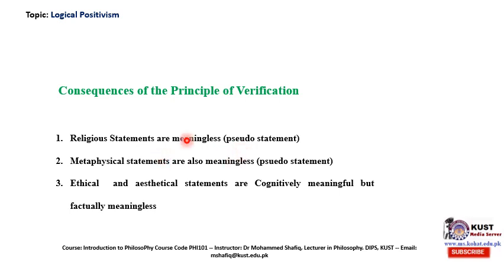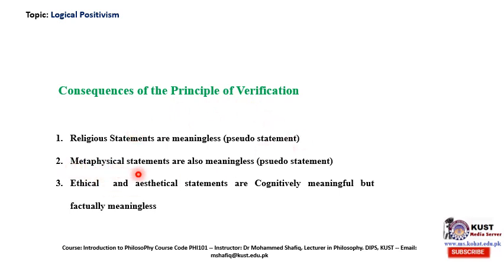So let's forget about that debate. In a nutshell, what I want to make clear is that religious statements, according to logical positivists, are pseudo statements. They are not genuine statements. Why? Because they cannot be verified by the principle of verification, the POV principle.